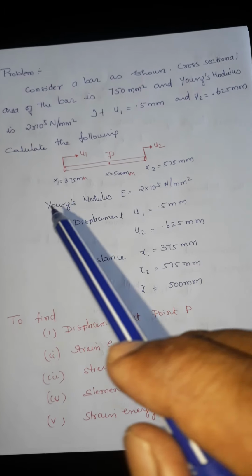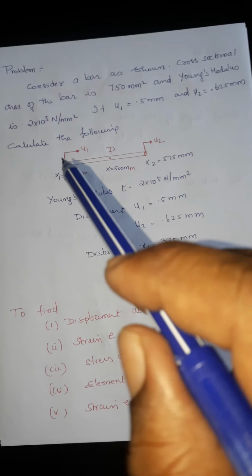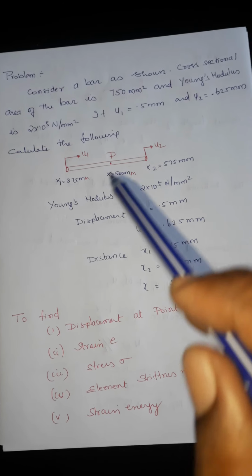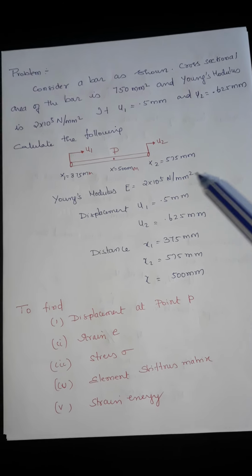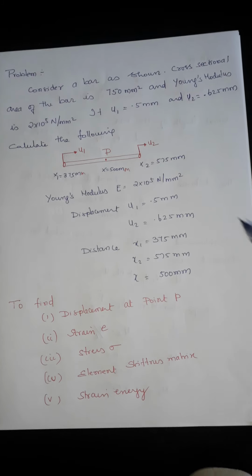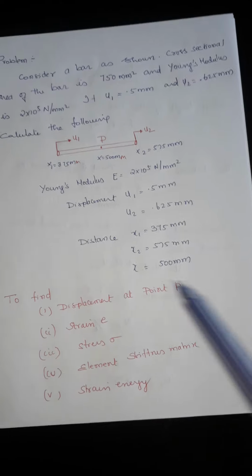That is our objective. The coordinate of this point x1 is 375 mm, this coordinate is 500 mm, this coordinate is 575 mm. With these data, the material properties, displacement data and coordinates data are given.